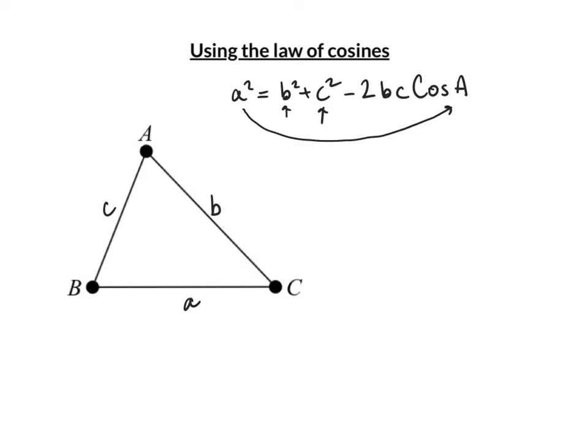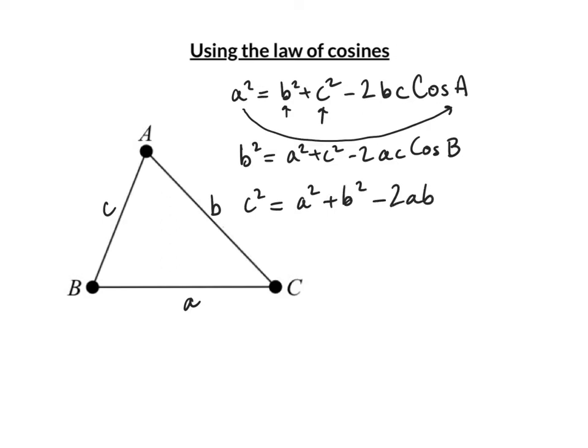And if you look up in any textbook or online, you'll notice there's three versions of this formula. They'll do b squared equals a squared plus c squared minus 2ac cosine of B, and c squared equals a squared plus b squared minus 2ab cosine C. But really, there's just one case of it, and it's just a pattern.